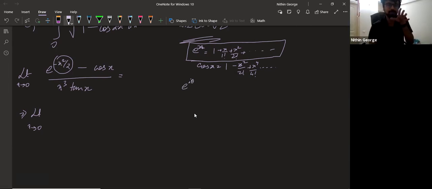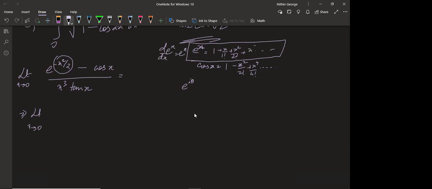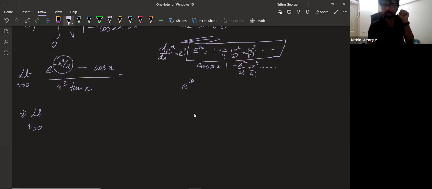Okay, there should be some proof, but think about this, how to remember it. When you do d by dx of e power x, you get e power x itself, right? Yes, sir. So try differentiating that RHS. What do you get? This becomes 0, this becomes 1, this becomes 2x by 2 factorial, which is x by 1 factorial.